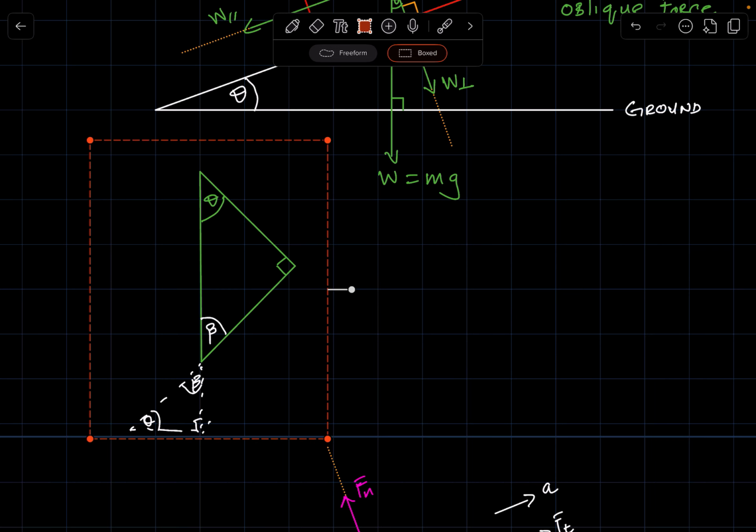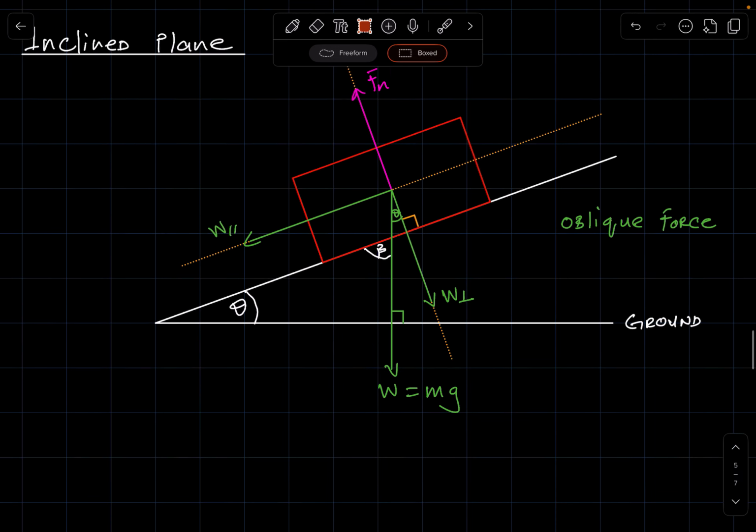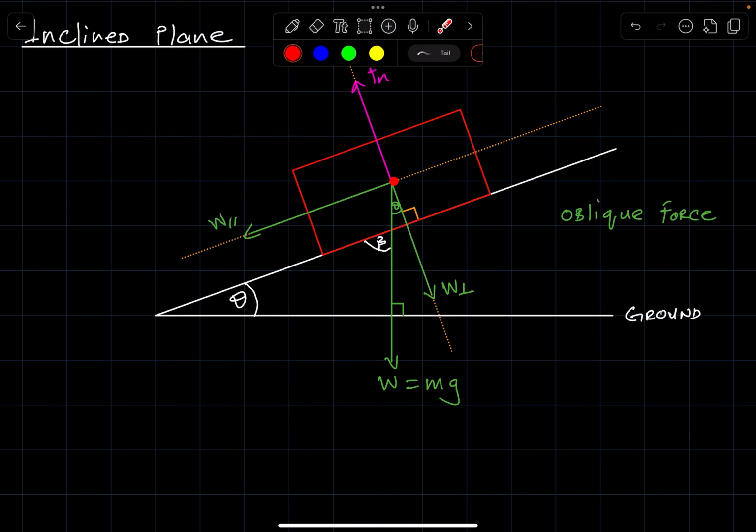So if that angle is equal to theta, it essentially means that the weight component that is perpendicular to the plane is adjacent to the angle, and the weight component that is parallel with the plane is opposite this angle.